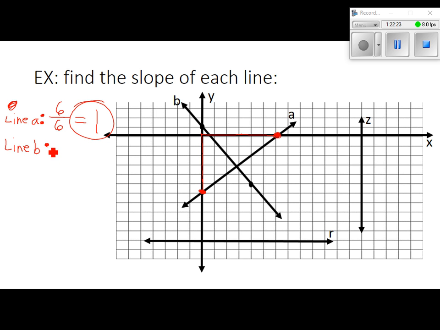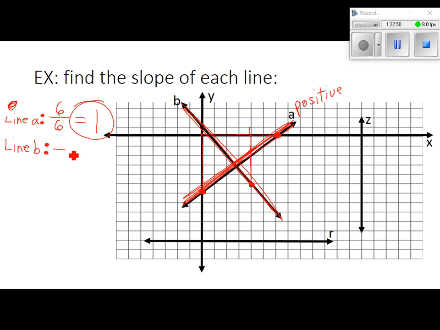Slope of line B. And when I look at this, notice that line A is going up, so it should have a positive slope. Line B is going down, so when I'm done with this, it should have a negative slope. If I start here, I go up 1, 2, 3, 4, 5, 6.